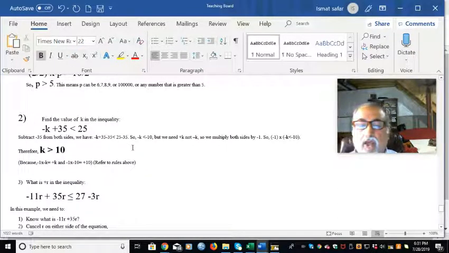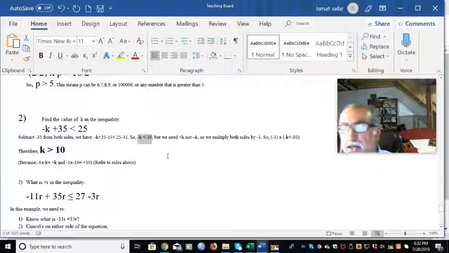I intentionally did the negative because we want to show you a couple of things in this inequality. So what's left here is negative k less than negative 10. But we're not done yet, because we need to know what is k, not negative k.